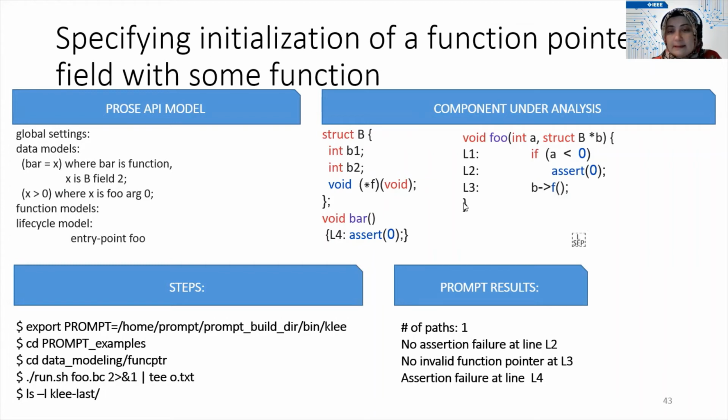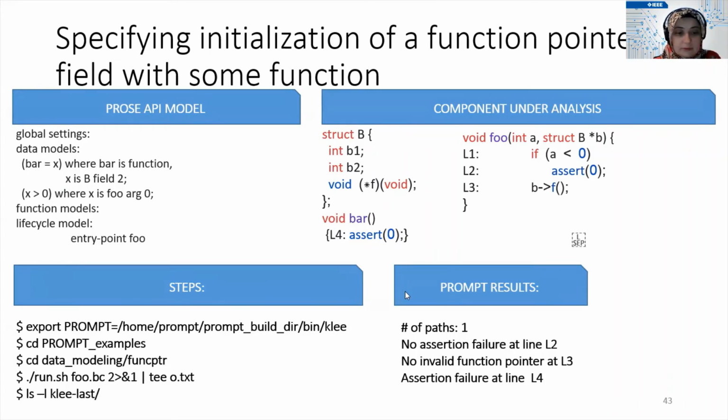So it means that at this line, we shouldn't get any invalid function pointer error, and we should execute the body of function bar. And as you see, there's an unconditional assertion failure at L4, so we should get an assertion failure at this point.